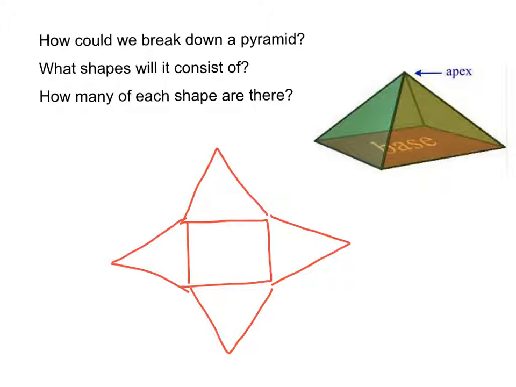We have our triangles and our square, the rectangle base. And there's 4 triangles and 1 rectangle. So we would find the area for the 4 triangles and add it to the area of our 1 rectangle to find the surface area of this shape.